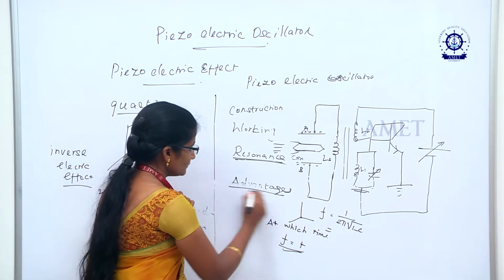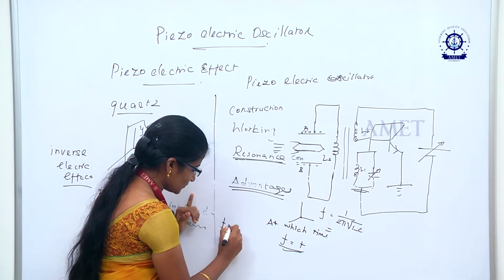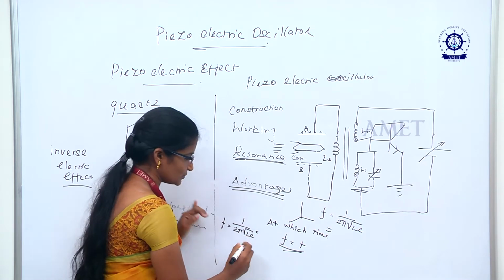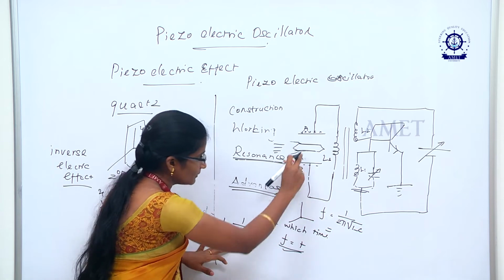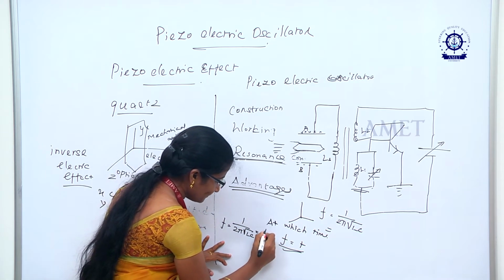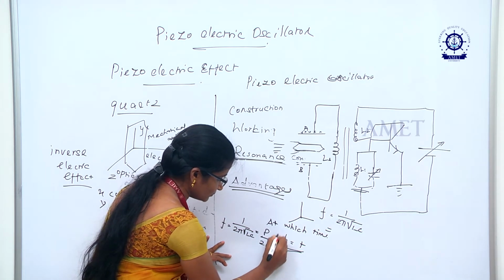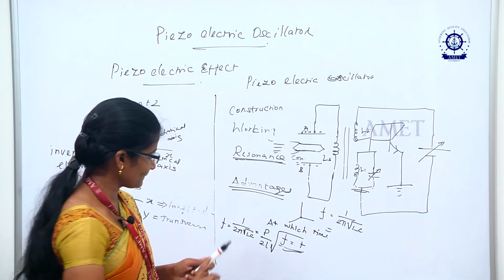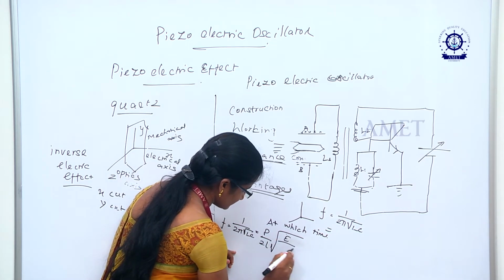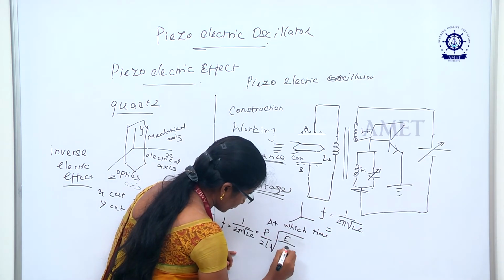So what is the frequency of this oscillator circuit? 1 by 2 pi square root of LC, which is equal to the frequency of this quartz crystal, P by 2L into square root of E by rho.